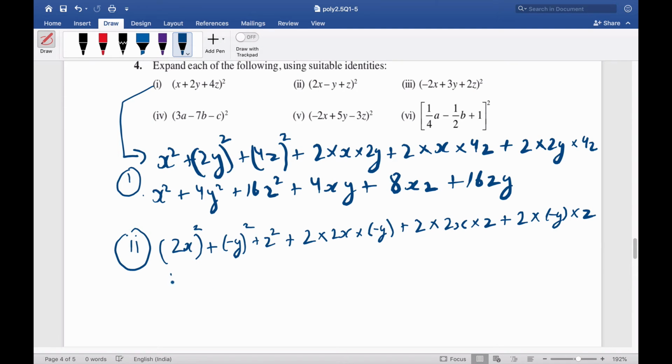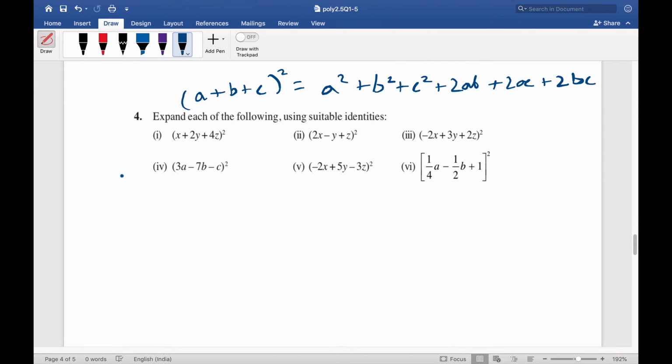So this will give me 4x square plus y square plus z square. This will give me 2 into 2, 4 minus 4yx. I can write it as minus 4xy. This will give me 4xz. And this will give me minus 2yz.